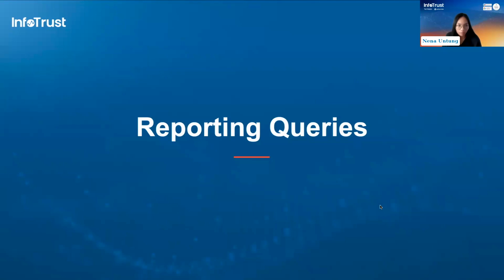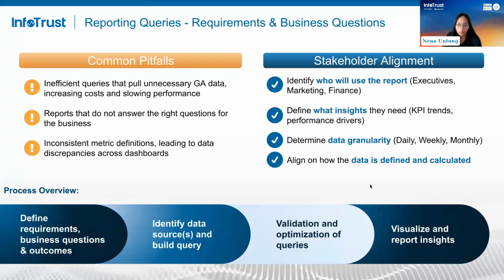And now that we've looked into the different reporting pipeline options for Google Analytics, let's look into how to build queries within BigQuery for reporting purposes. Before we actually start building the queries, it's important to first think about the requirements and define what type of analysis or reporting you're aiming for.